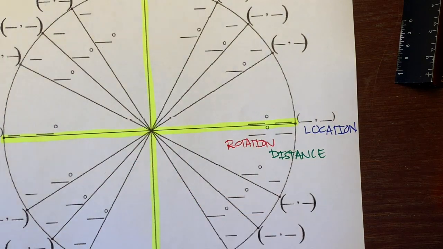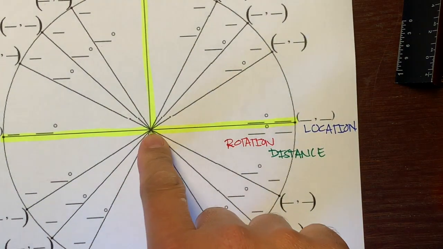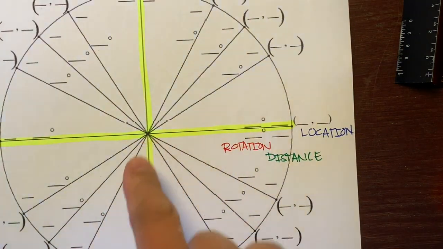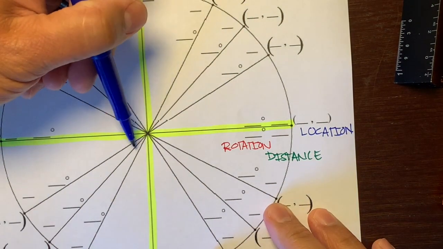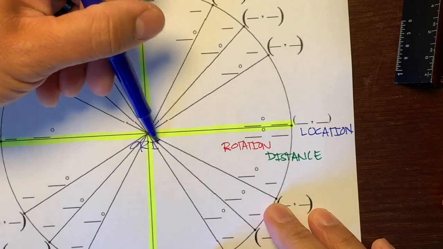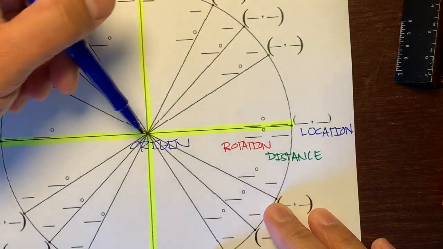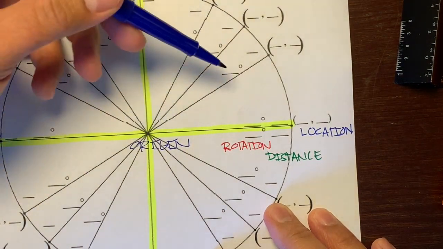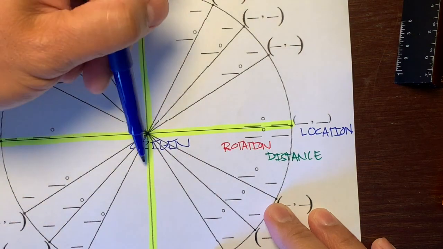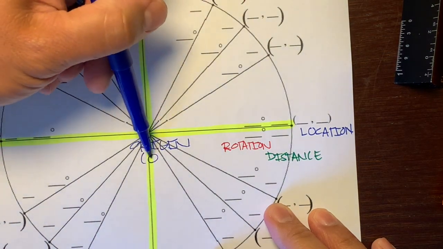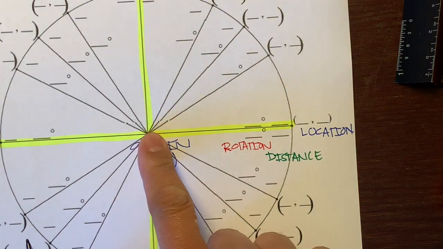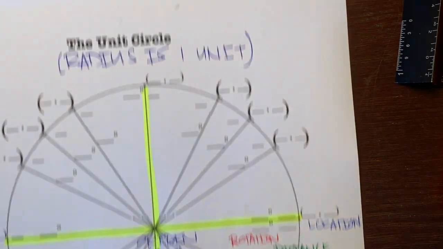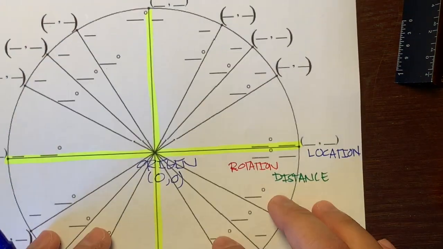Right here, in our coordinate plane, where the x and y axis meet, that's called the origin. So let's label that origin. And the origin's location, the x and y values, are 0, 0. And remember, since this is the unit circle, the radius is 1 unit.